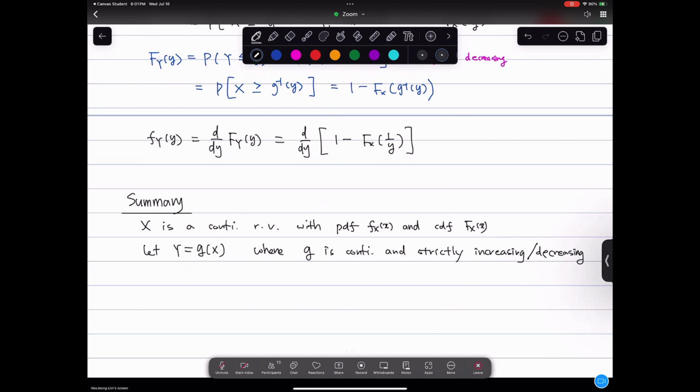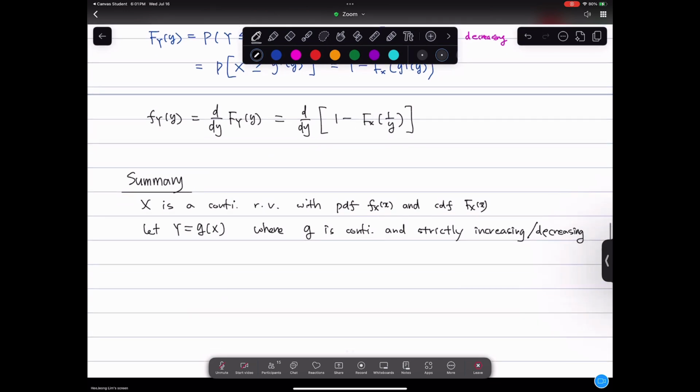So if that's the case, your PDF of y, so f of y, equals to, you take the derivative of your CDF of y with respect to y. So now I have to think about what happens up here.